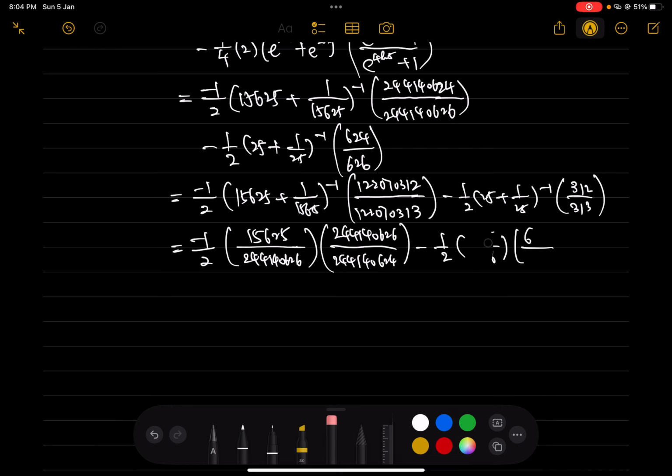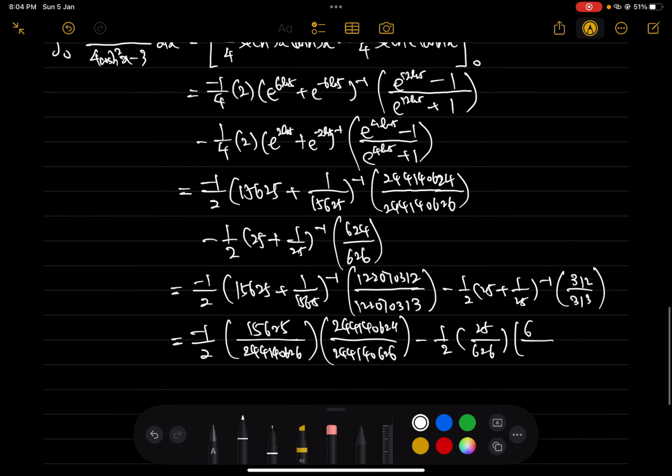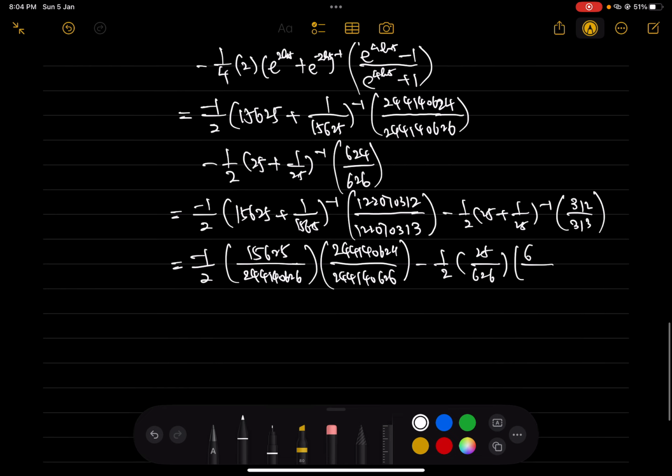And then flip that. Yeah, 25 over 626. 624 over 626. And then we have 624 over 626. And I really do not want to calculate this, so I'll just use a calculator and give a decimal number.